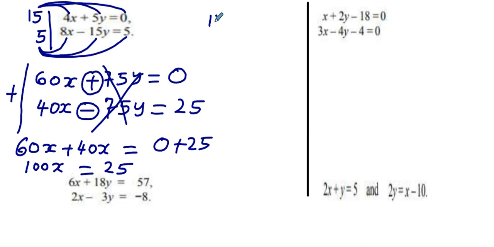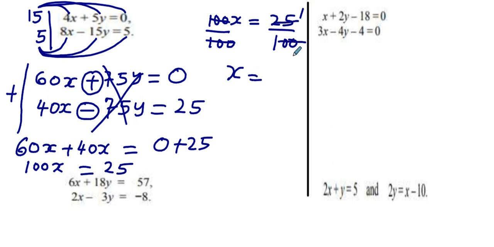Okay, so we have 100x equals 25. I'm looking for the value of x. Majority of students get confused. They divide by 25. That is a very wrong approach. So when you reach here, just divide by 100 because you are looking for the value of x. Divide by 100, this will cancel. x equals 25 over 100, which is 1 over 4.